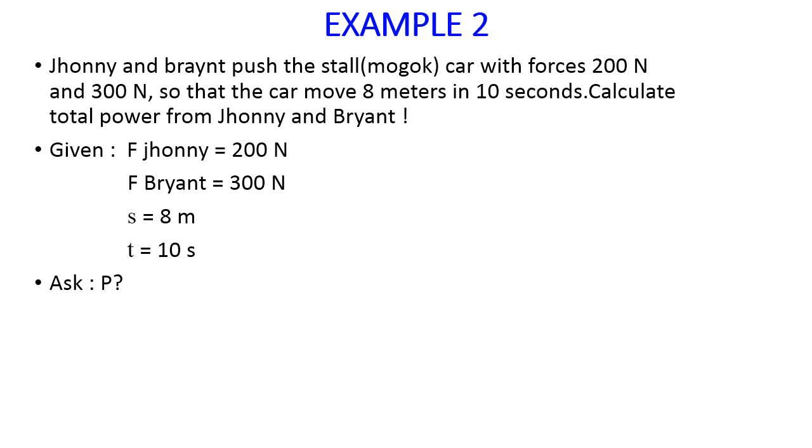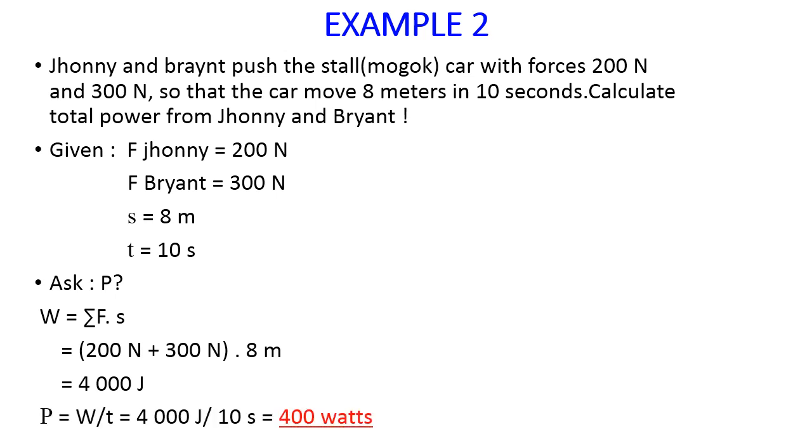Ask power P. To get total work, work equals sigma F times S equals 200 newtons plus 300 newtons times 8 meters equals 4,000 joules. Power equals work over time equals 4,000 joules over 10 seconds equals 400 watts.